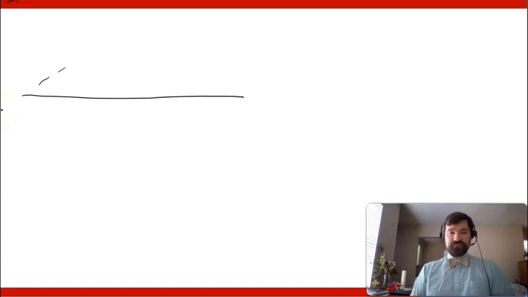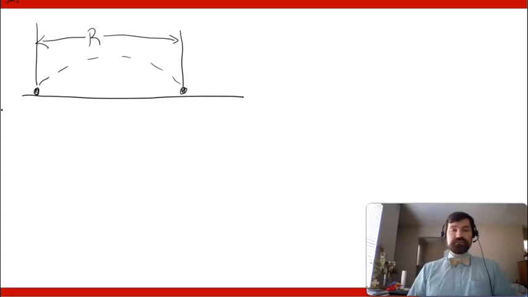If the object travels like this, then we have a range, which is the distance traveled horizontally by the object from start to finish. So this is start, and this is finish. And this range, R equals delta x, is v x initial times time.